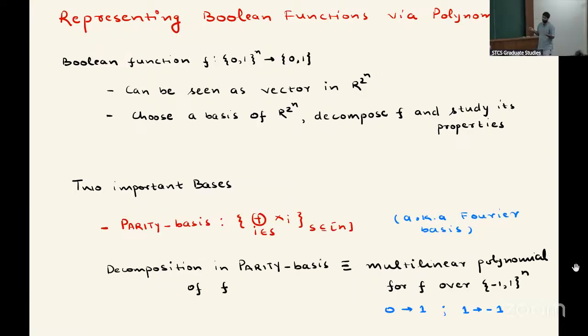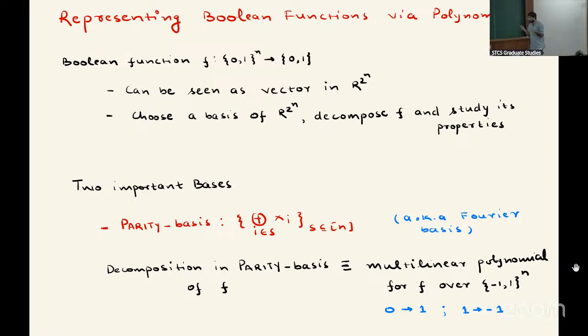Another important basis which everybody is fond of is the parity basis or Fourier basis, where your basis functions are parity functions. This is a very nice basis because it's orthonormal and it has all kinds of patterns which can let you infer all kinds of combinatorial properties about your Boolean function.